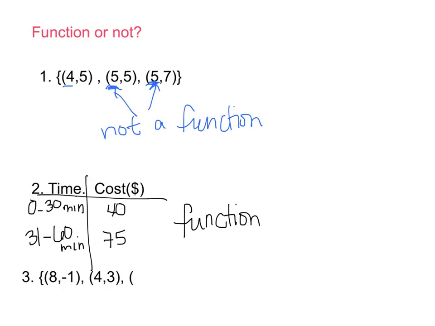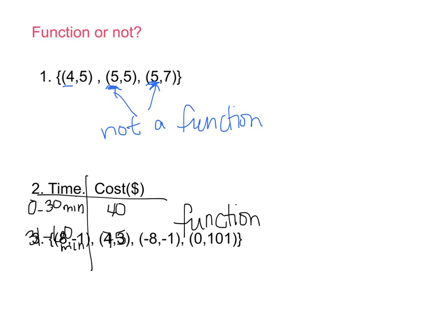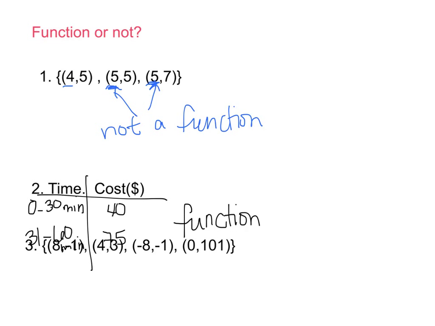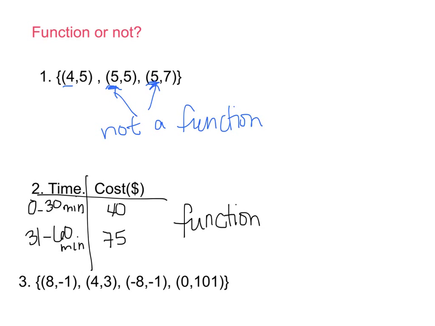Another ordered pair is -8, -1, and then the last ordered pair is 0, 101. And again, my question is the same as it was earlier. I want to know, is this a function?